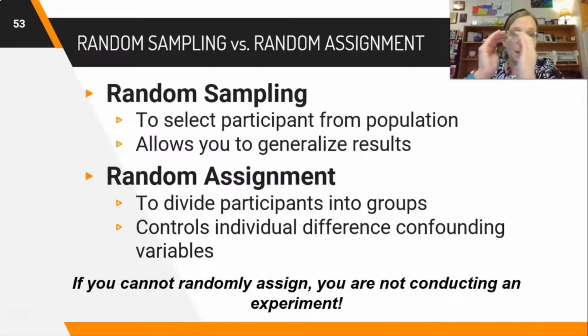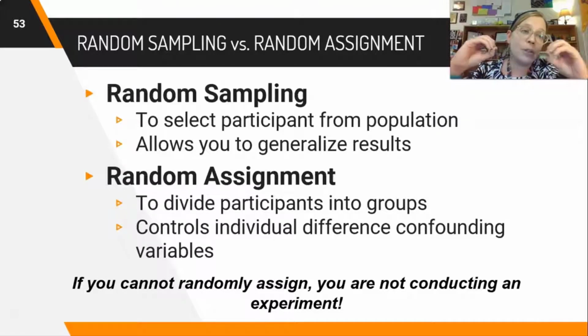Then let's take that small group, that sample that we've already chosen, and then we need to divide that group into two groups, our experimental group and our control group. So this is what we call random assignment. Because within the 100 kids we chose from all 3,000 Mac students, we still want to divide them into those two smaller groups randomly so that we don't end up with all AP kids and all non-AP kids.